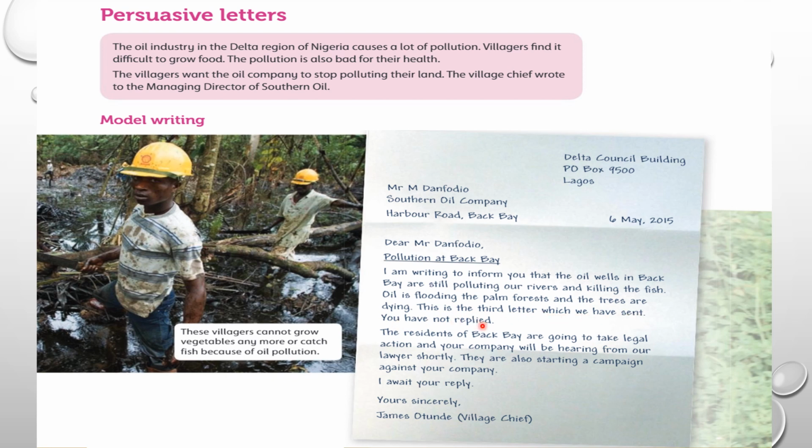You have not replied. The residents of Back Bay are going to take legal action and your company will be hearing from our lawyer shortly. They are also starting a campaign against your company. I await your reply. Yours sincerely, James Otunde, Village Chief.